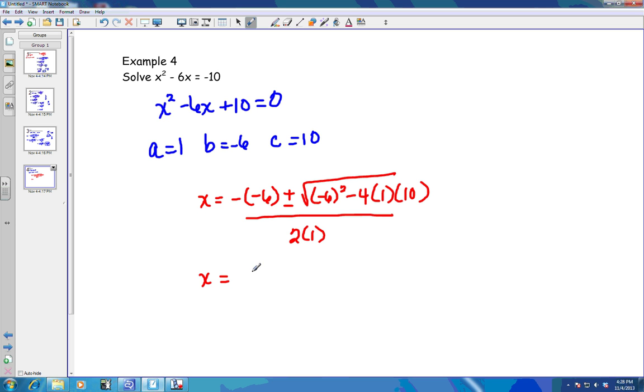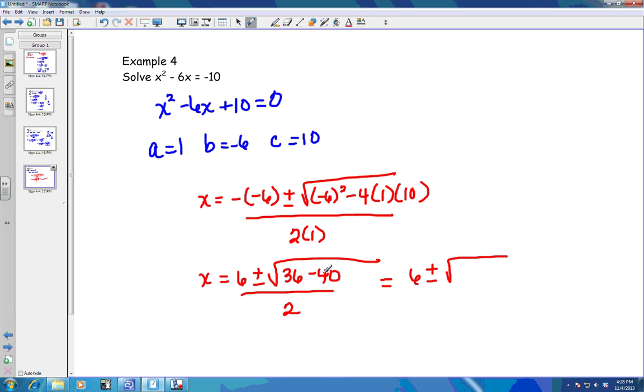So x equals negative times negative is a positive 6, plus or minus negative 6 quantity squared is 36 minus 40 all over 2. So 6 plus or minus 36 minus 40 is negative 4 all over 2.